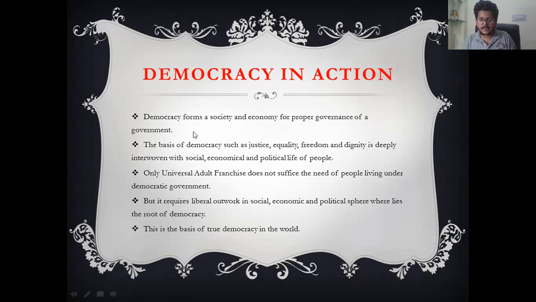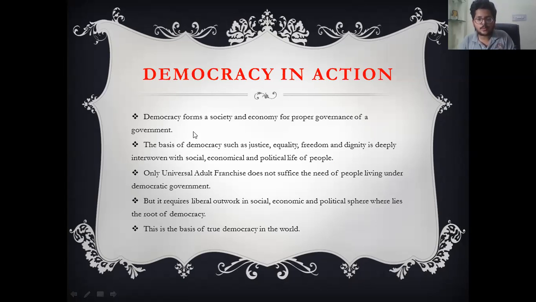If a country is a democratic country, the common people will have justice, equality, freedom, and will live a life of dignity. This is irrespective of social, economic, or political backgrounds. Irrespective of these things, democracy gives justice, equality, freedom, and dignity to the people.